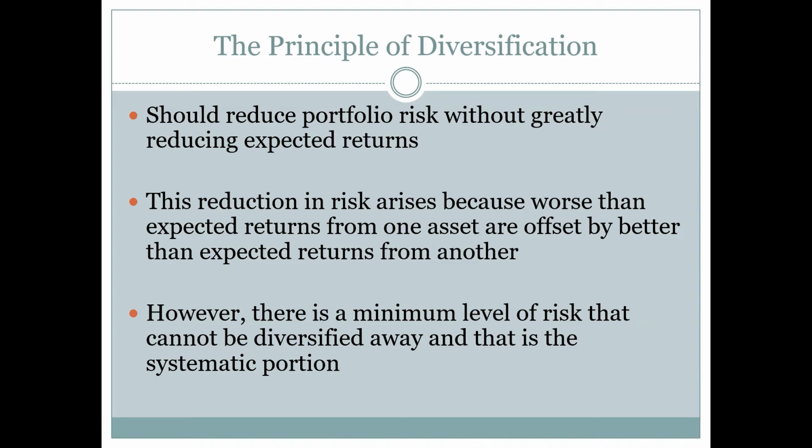Right? So what happens when we form a portfolio is we diversify away all of the risks that are unique to the individual sectors or the individual companies or the individual industries. And we offset them with other diversified assets that aren't affected by those things. Right?